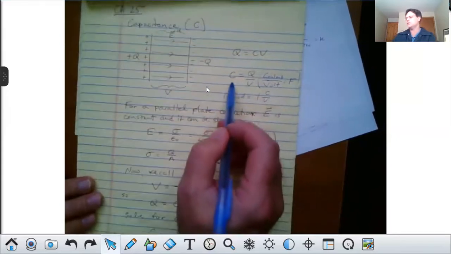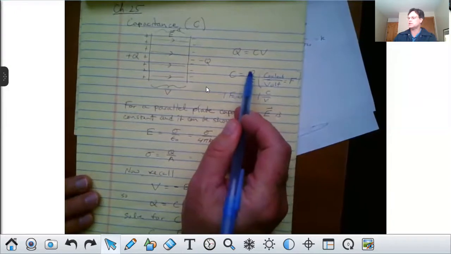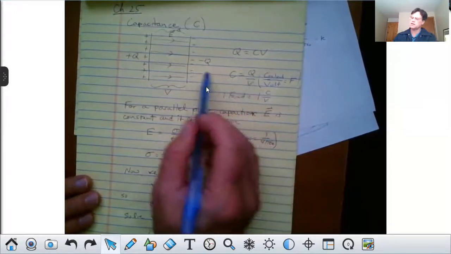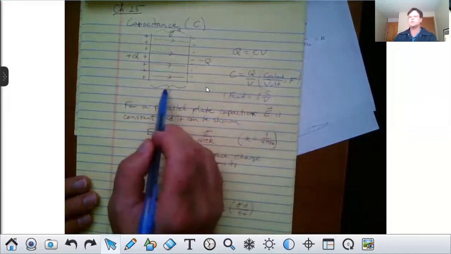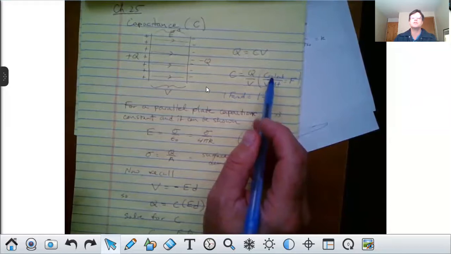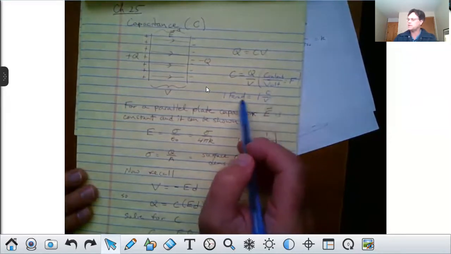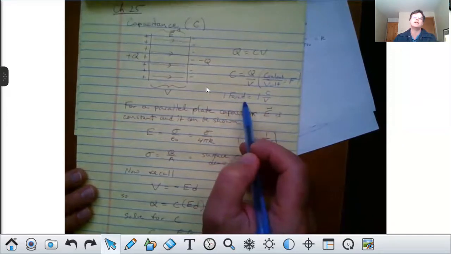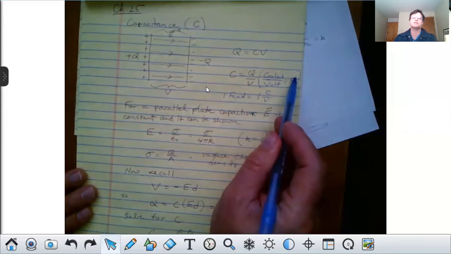So if you solve for C, capacitance is defined to be the charge on the plates, Q, the absolute value of the charge, divided by the voltage between the plates. There's a special unit for this. It's a coulomb per volt, charge over voltage, but we call this a farad. So 1 farad equals 1 coulomb per volt, and we denote it by the letter F.